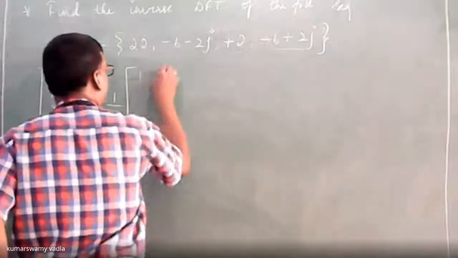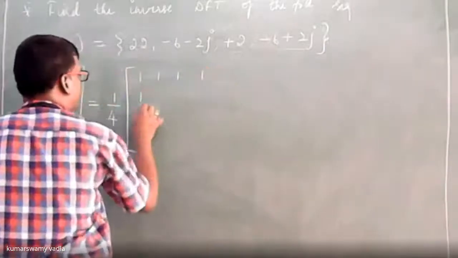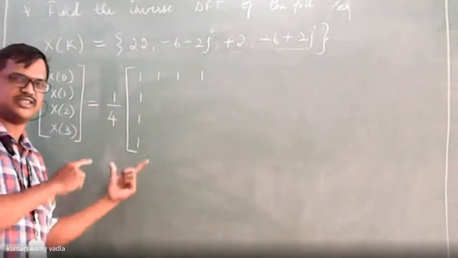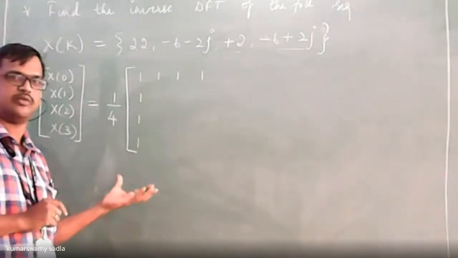Now, 1, 1, 1, 1. Here you will have 4 ones. Friends, please look onto the board for this first numerical, then later you can solve by your own.